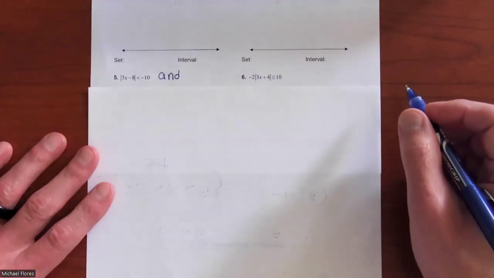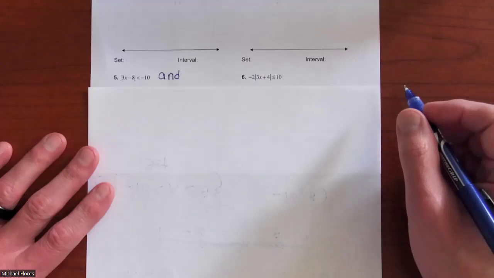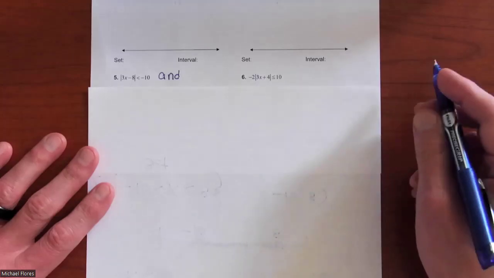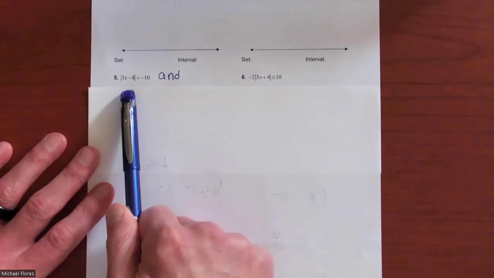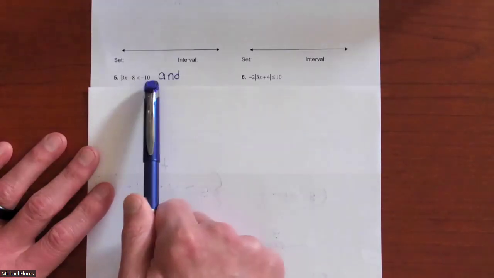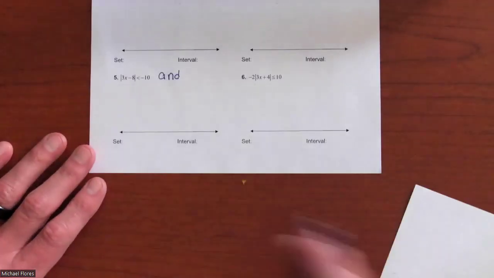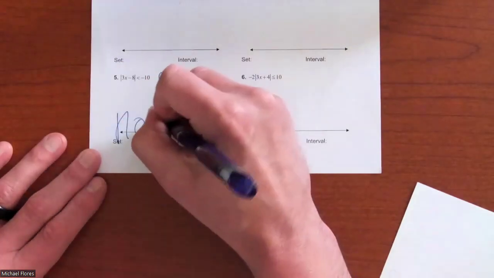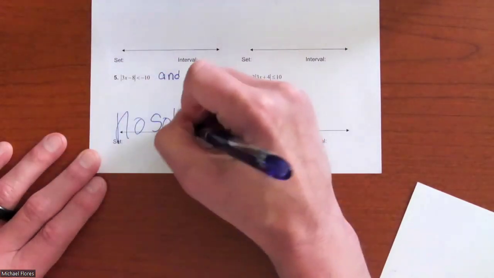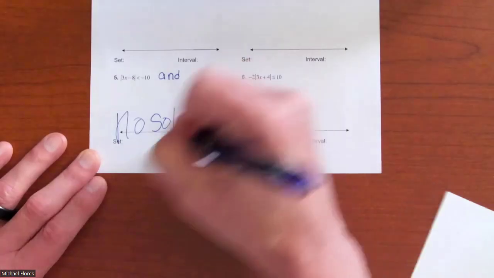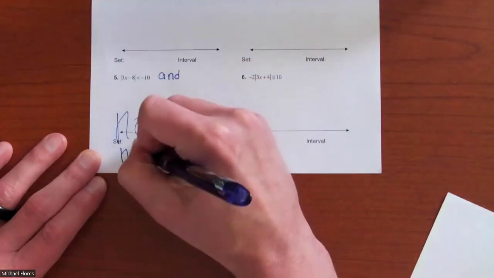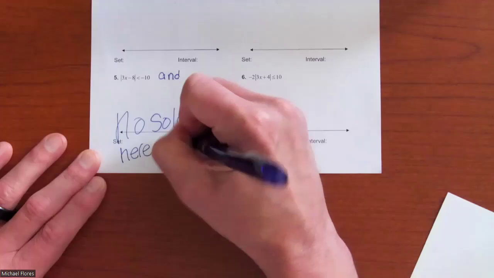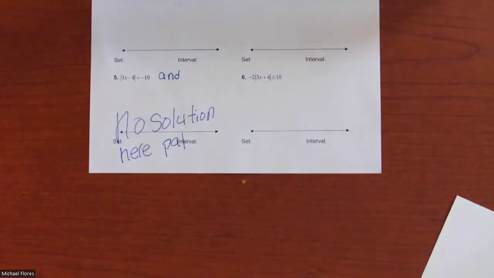Do we even have to continue with this problem? No, we don't. Because remember, an absolute value will never produce a number that is less than a negative. So you can go ahead and just write no solution here, pal. You didn't think I was going to do that, did you? If you know me, you probably knew I was going to.